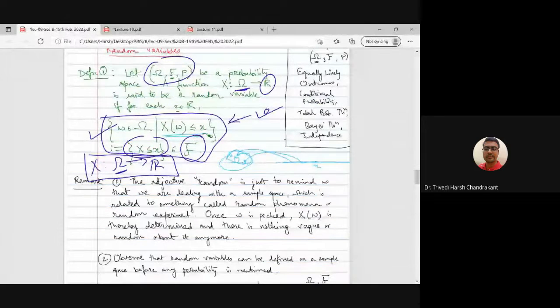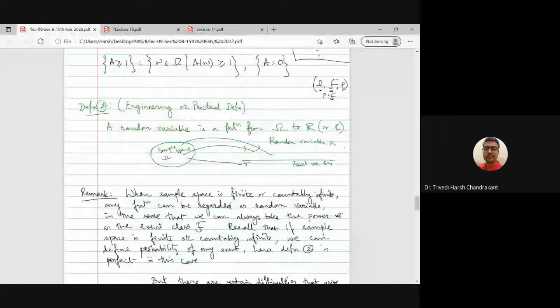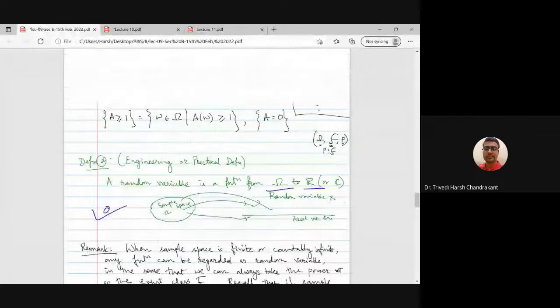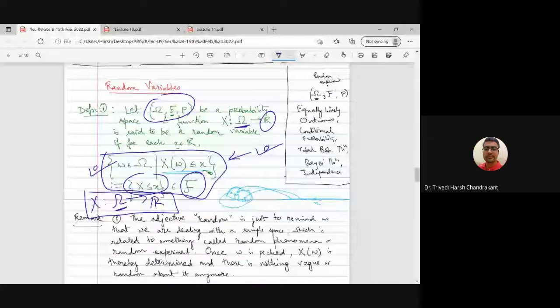So that means we are going to essentially consider this definition of a random variable. For us, what is a random variable? A random variable is a function from the sample space to R. If we look at this set, it is essentially all the points in the domain whose value is less than or equal to x.